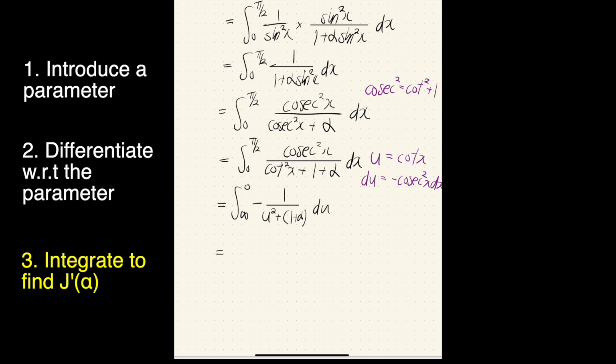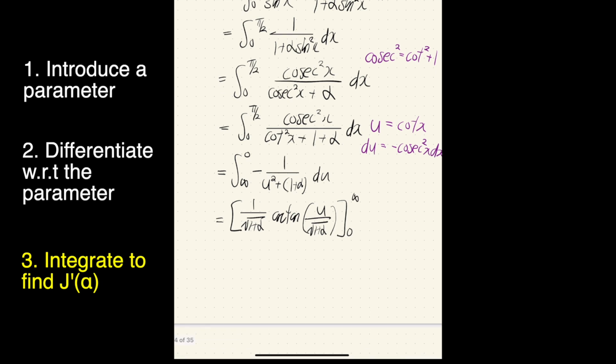The minus flips the integration limits, and so this leaves us with 1 over root 1 plus alpha arctan of u over root 1 plus alpha from 0 to infinity. And arctan of u approaches pi over 2 as u approaches infinity. So this is simply equivalent to pi over 2 root 1 plus alpha.